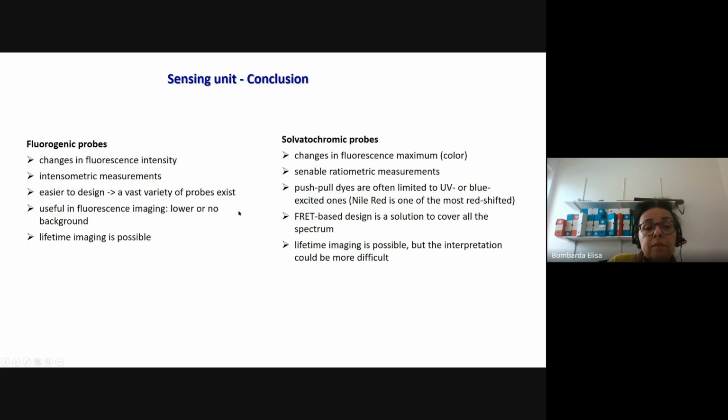Okay, so that's a summary table for this section. And in the next, I will start to talk about probes that are used when proteins are the target of our investigation.